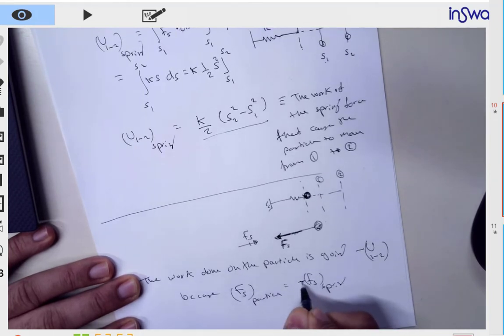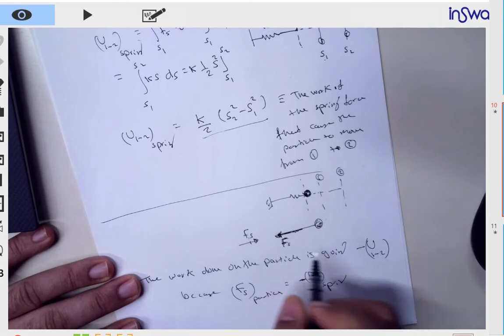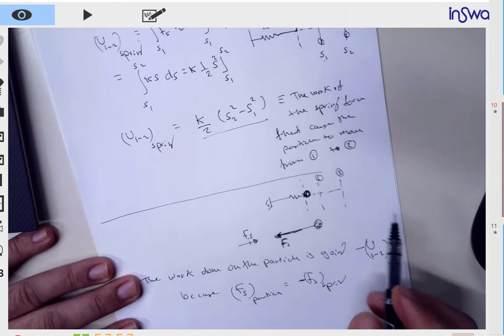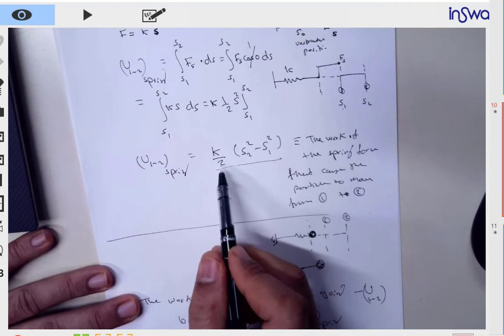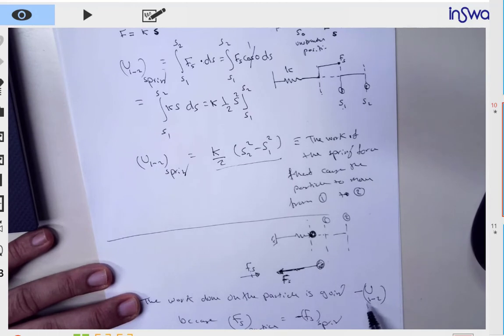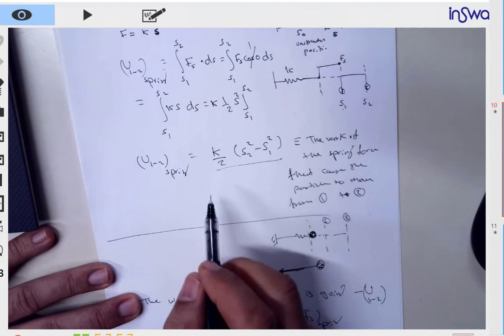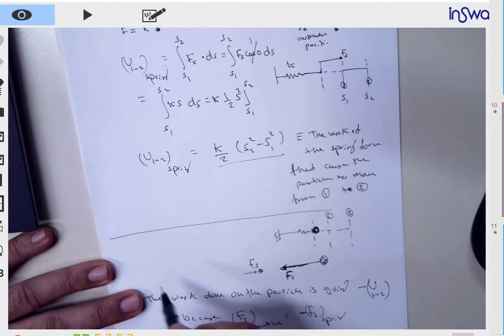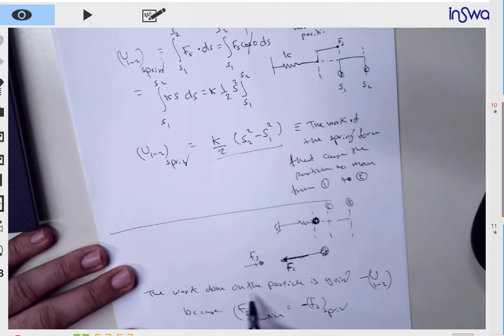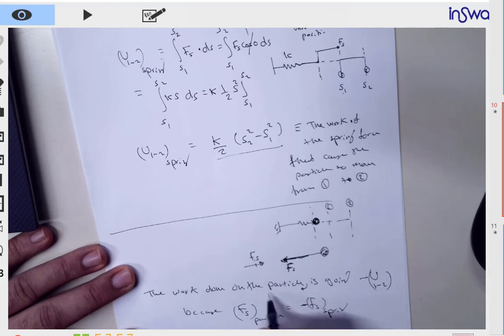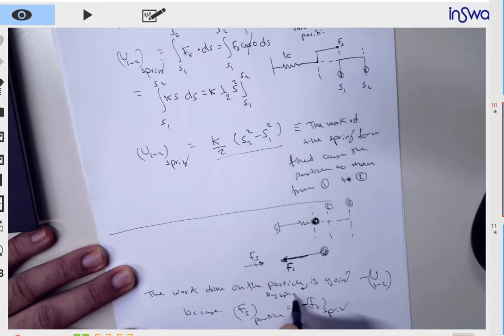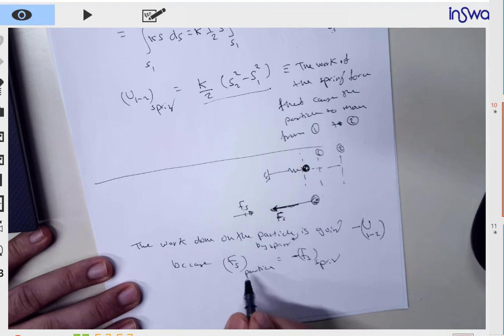So this quantity, which will be computed from here, is the same, but the difference is that the work done on the particle by the spring is going to be negative.